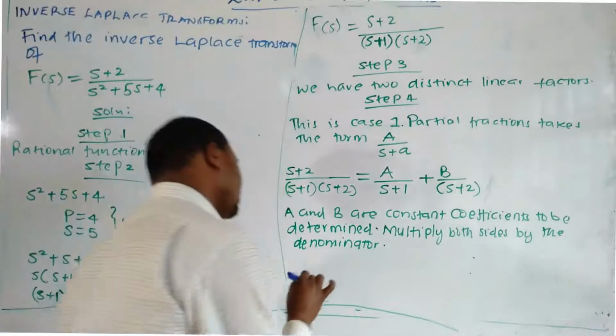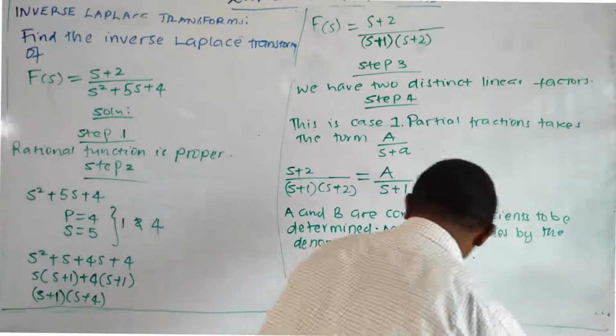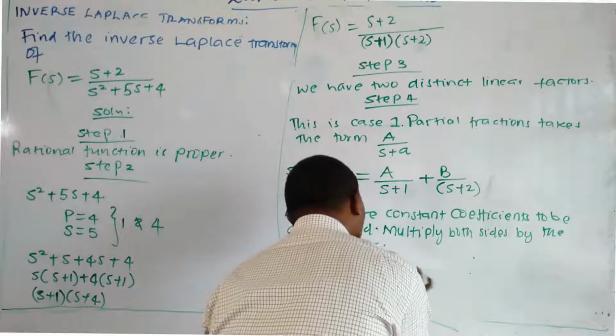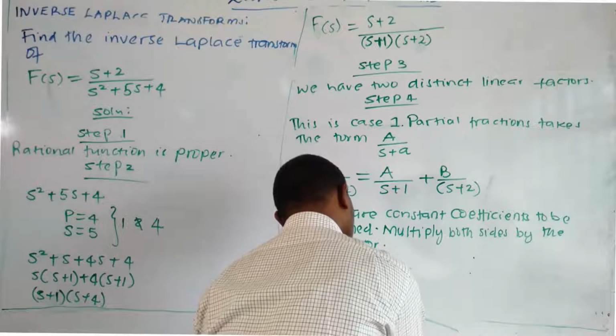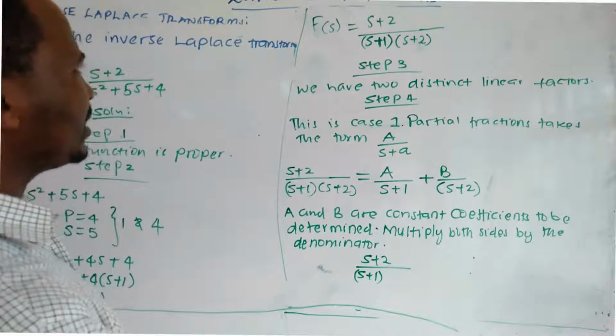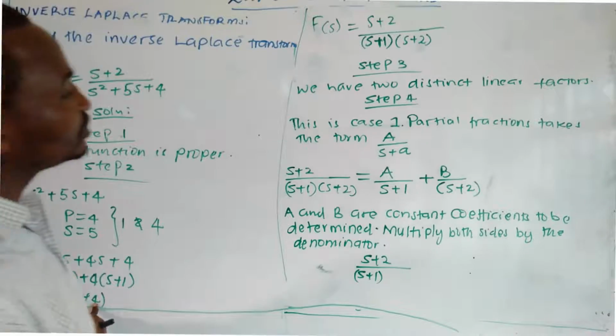So you have S plus 2 over S plus 1, S plus 1. Why did I get 1? Okay, it was S plus 1, S plus 4. Why did I get the 2?